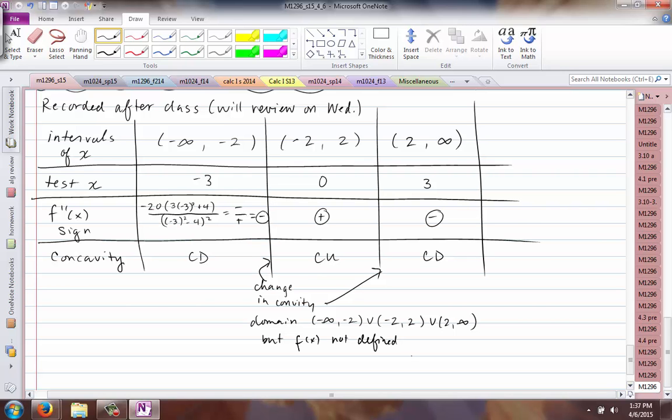We do have a change in concavity here, but since inflection points have to be points, they can't be inflection points, and we don't state them.